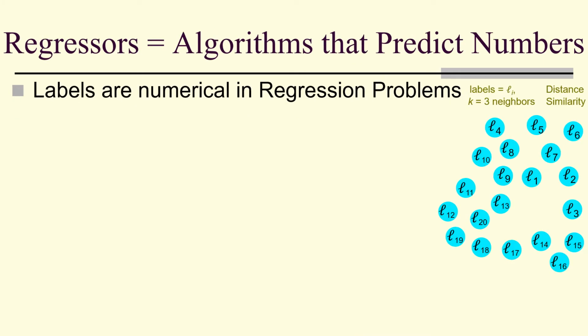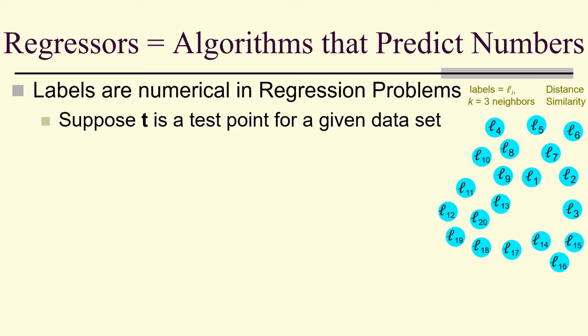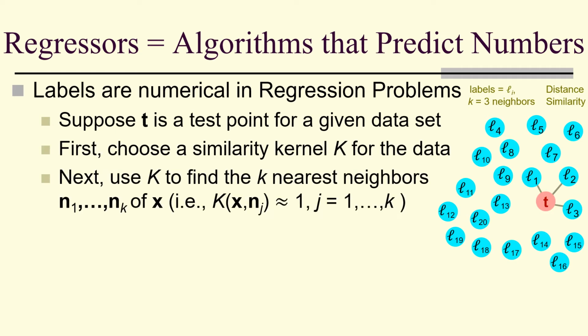But let's look next at a regression problem. Regressors are algorithms that predict numbers. You can just think of that as the labels being numerical rather than class. If t is a test point, then you have a similarity kernel, in this case again a distance.